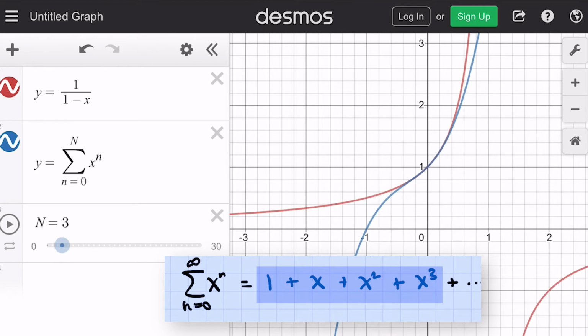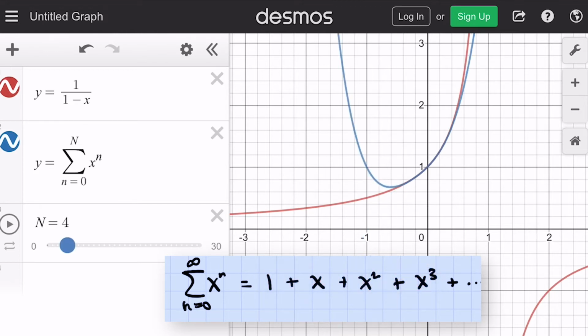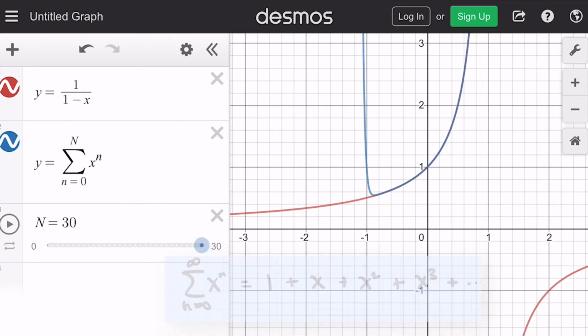Letting capital N equal 3, we now are looking at the polynomial 1 plus x plus x squared plus x cubed, which again conforms even better to the original function, but it's a cubic approximation. And as we continue to let capital N take on greater and greater values, meaning we're getting more and more terms in our partial sum, we can see that we are producing a greater and greater approximation of the original function.